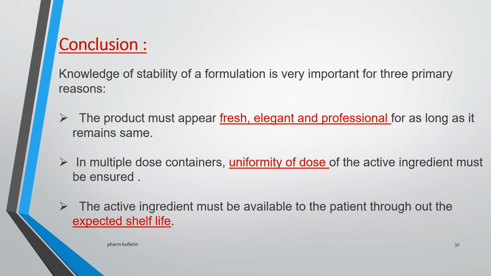The product must appear fresh, elegant, and professional for as long as it remains the same. In multi-dose containers, the uniformity of the dose is very important, and the active ingredient must be available to the patients through the expected shelf life. So these are the three primary reasons why we get the knowledge about the stability of the product.